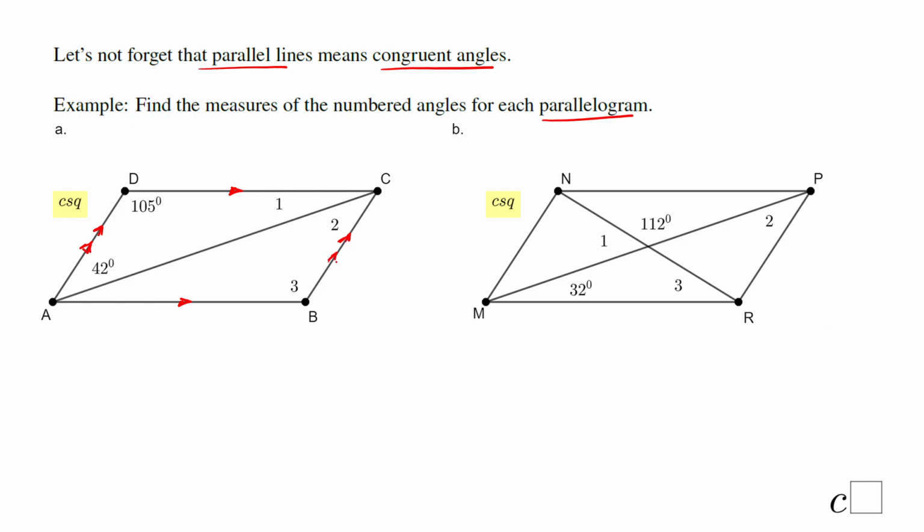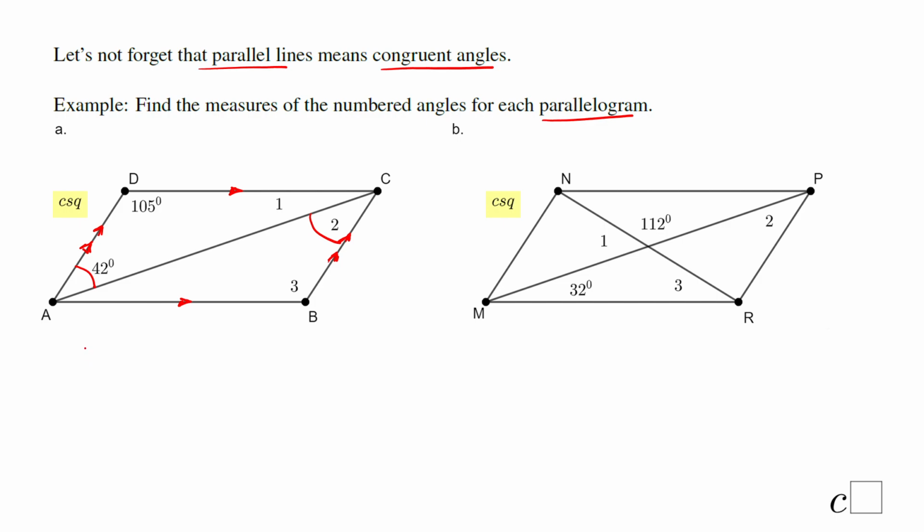And now, which angles are congruent? If we look at the first picture on A, that means this angle here, 42, will be equal to this angle 2 because they are alternate interior angles.